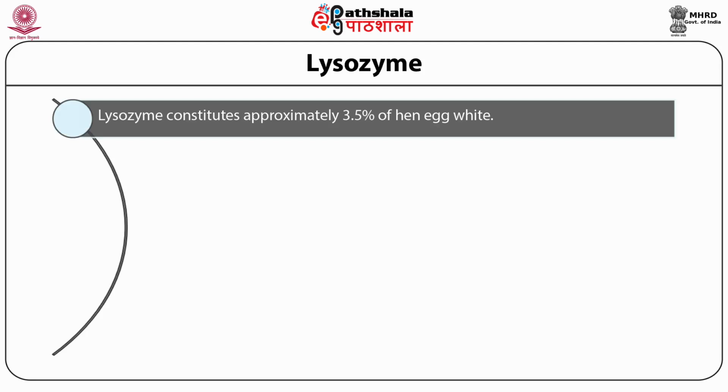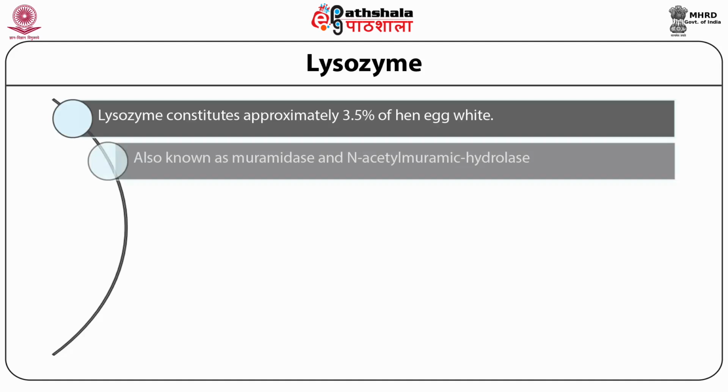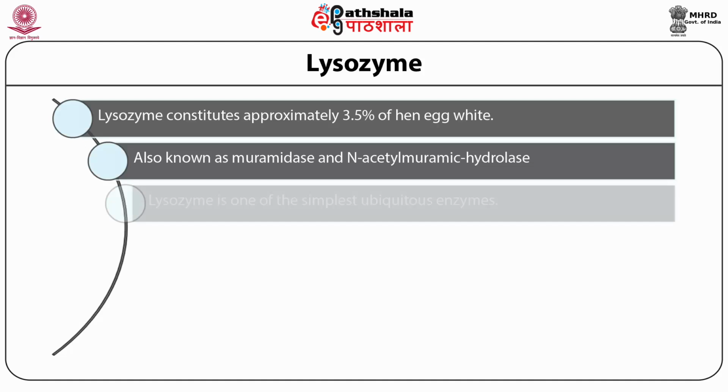Lysozyme constitutes approximately 3.5% of hen egg white. The name lysozyme was originally used to describe an enzyme which had lytic action against bacterial cells, also known as muramidase or N-acetylmuramide glycanhydrolase, and is one of the oldest egg components to be utilized commercially.